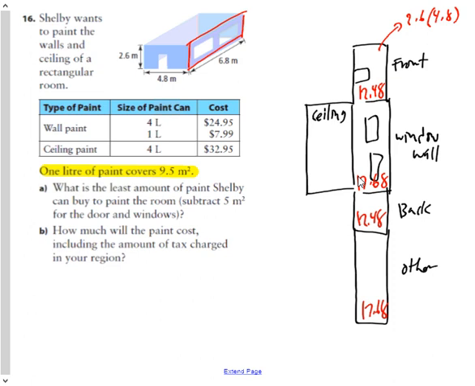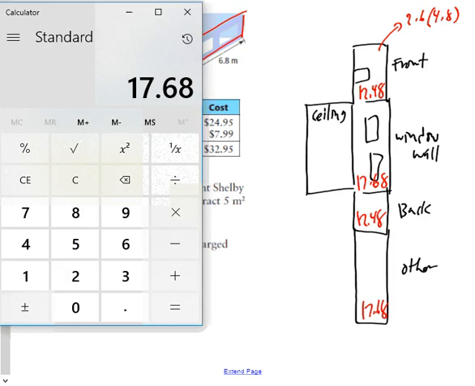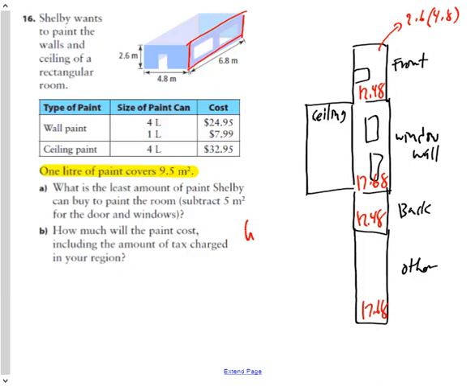So if I add those numbers together, 12.48 plus 17.68 plus an additional 12.48 plus an additional 17.68, I have 60.32 square meters of wall space to cover, minus the 5 square meters for the doors.